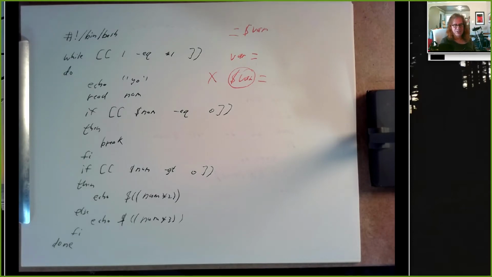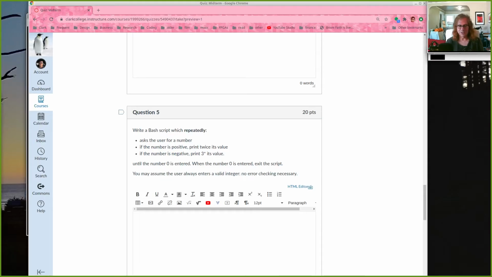You might exit too soon, you might exit too late. Just details on getting the logic nailed down. But didn't see a whole lot of very concerning systemic issues there. And then the last questions, not a lot of issues there from people.